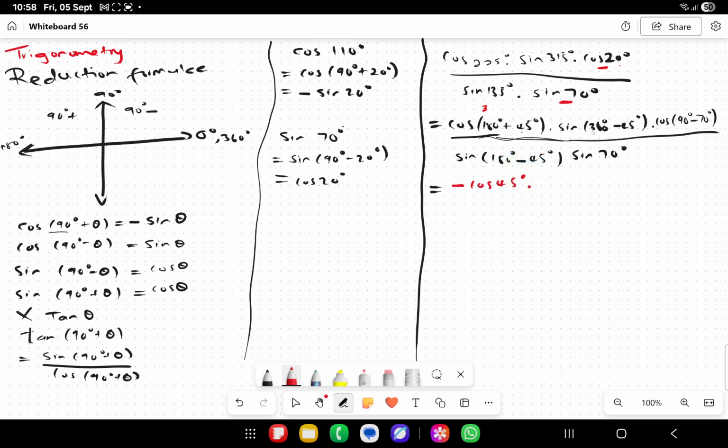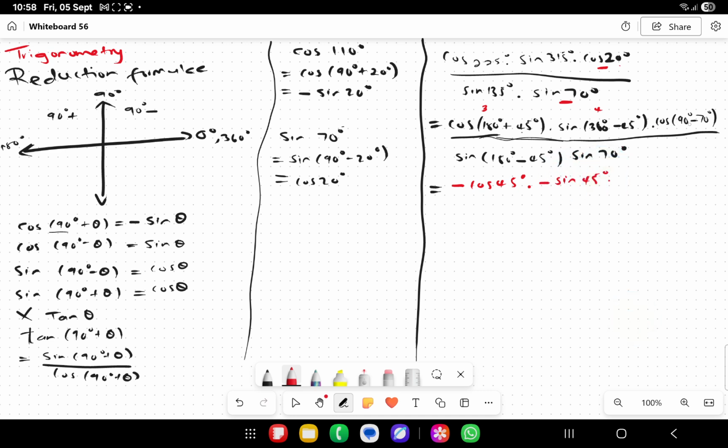Number 2, sine of 360 minus 45. Which quadrant is this? 360 minus is quadrant number 4, where sine is negative. So I'll have negative sine of 45.